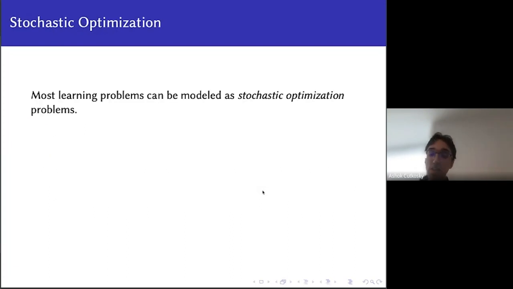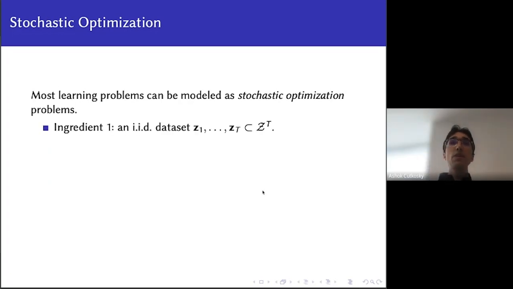Okay, so let's formalize things a little bit so that we can talk more precisely about what this means. The notion of optimality in terms of learning, we're going to characterize in terms of stochastic optimization. Most of the learning problems out there, I would say, can be modeled in this way. It's a framework that has roughly 3 ingredients. We need a data set, say Z1 to ZT, a size T data set, where each of the Z's you can think of as being, say, a feature vector, label pair, or something like that.